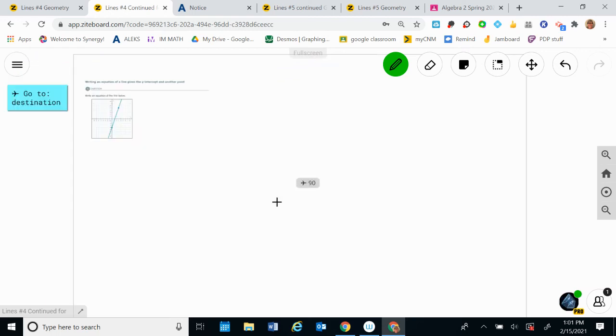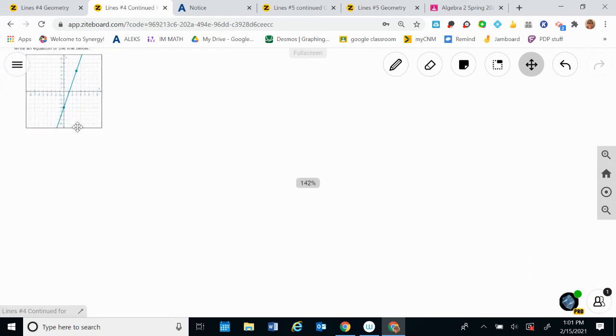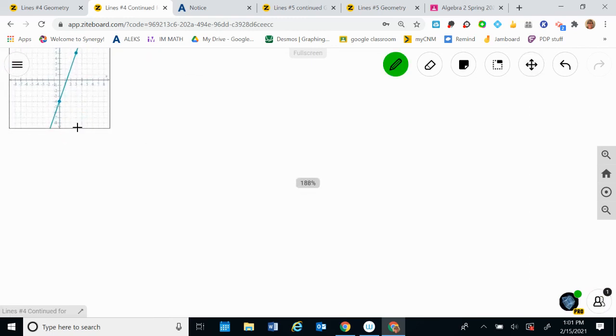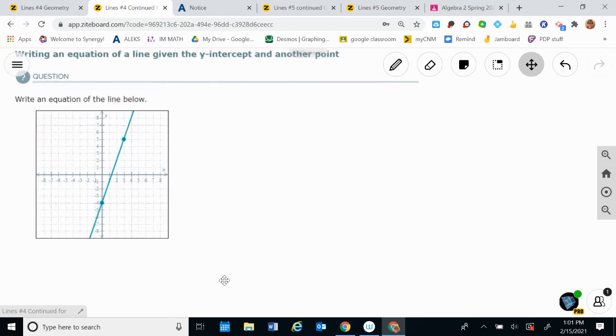All right, next. Try this one. Again, it's through 0. Okay, again, y-intercept, -4. Slope, count. 1, 2, 3, 4, 5, 6, 7, 8, 9.